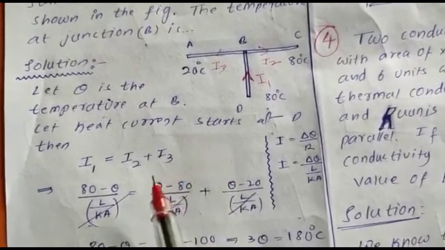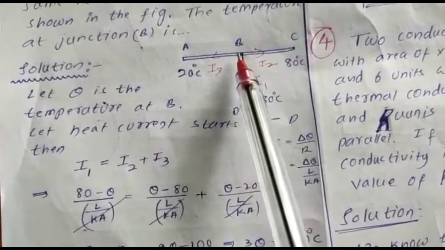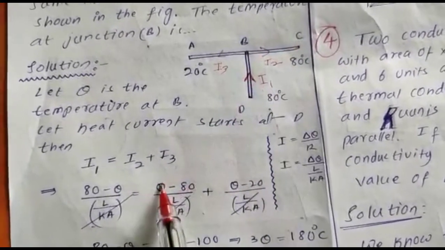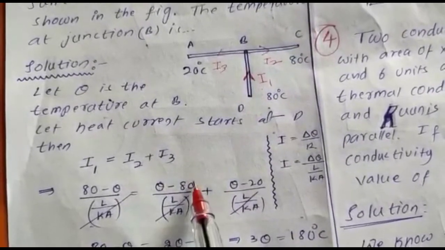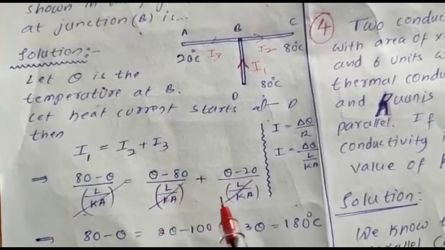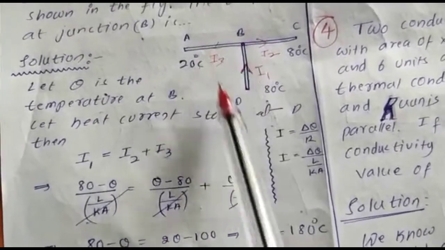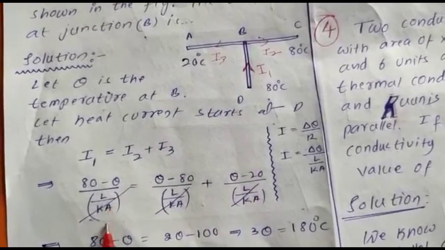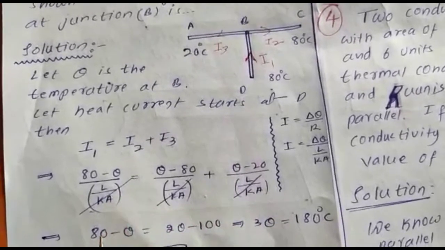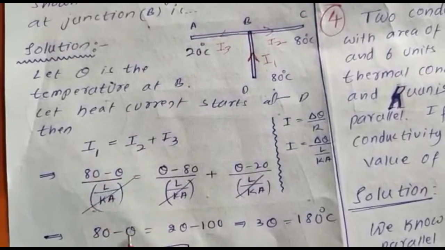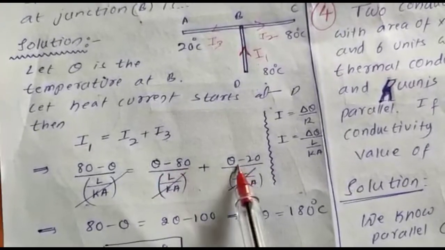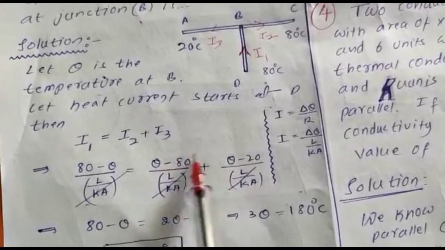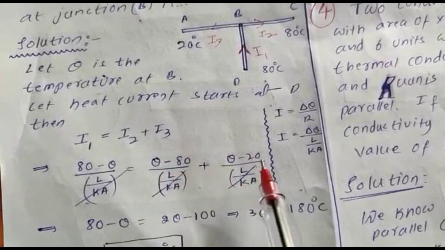For I2, going from B to C, the temperature at B is theta and at C it is 80, so theta 1 minus theta 2 with L by Ka as usual. Similarly, from B to A. Here L by Ka cancels, and the remaining terms are 80 minus theta equals theta minus 80 plus theta minus 20.